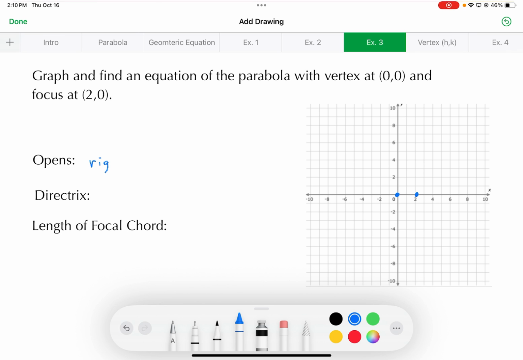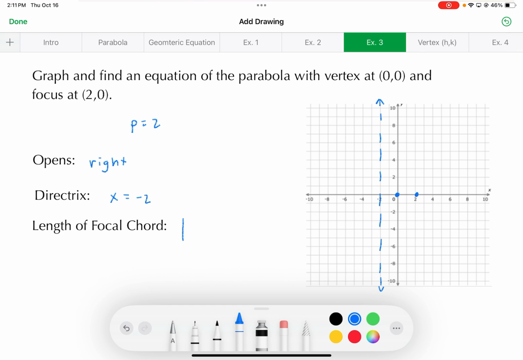To the right. It also tells me what my p-value is. 2. Okay, I can reason out my directrix should be 2 units to the left of the vertex. So it'll be a vertical line at x equals -2.